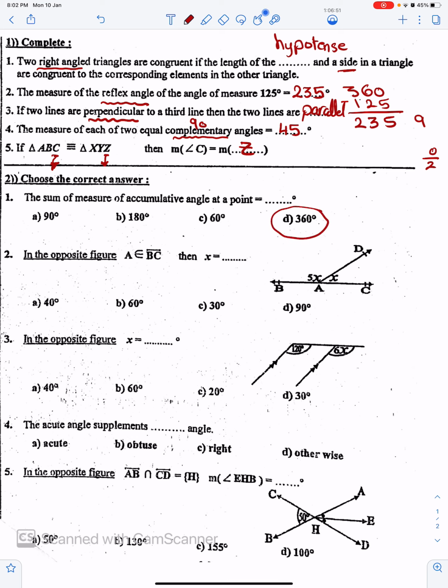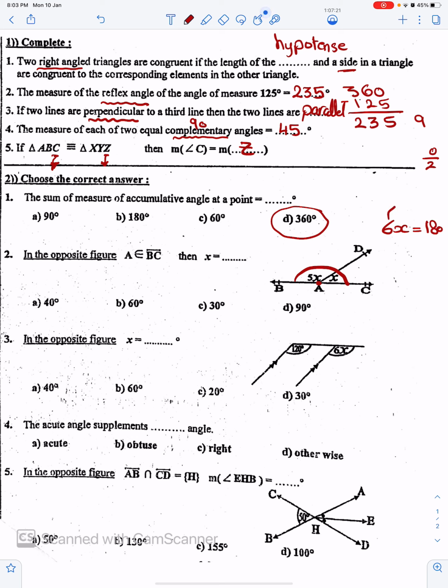Number two, in the opposite figure, A belongs to BC, which means that they are on the same straight line. Then angle x is equal to what? These two angles, their sum is equal to 180 degrees, because they are supplementary. So 5x and x, it's equal to 6x, which equals 180 degrees.